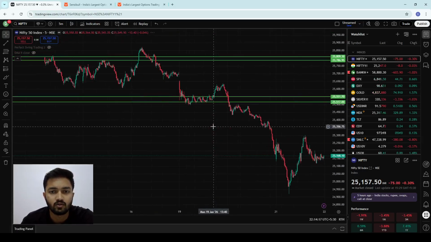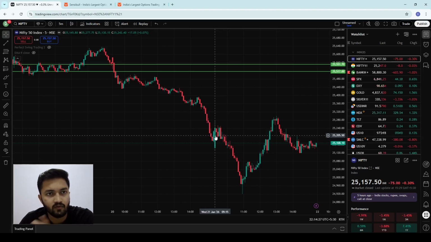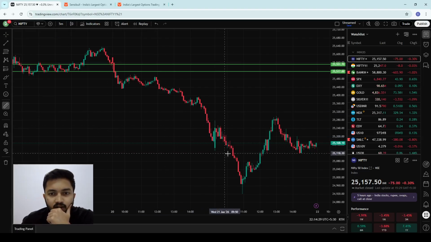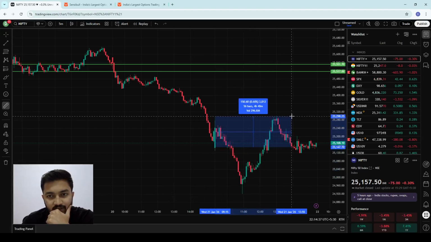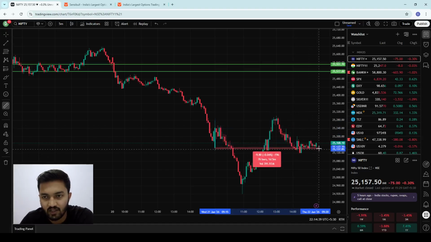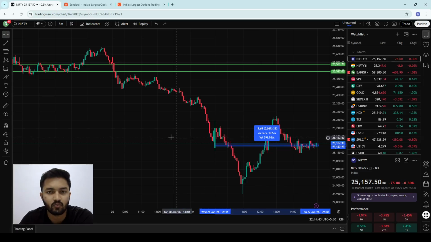So Nifty was yesterday at this price. There was no gap down, but Nifty opened at 25,145, and then this was the open price, and then it went like 1% down, then it went by like 0.5% up, and then it closed somewhere around 75 points down.